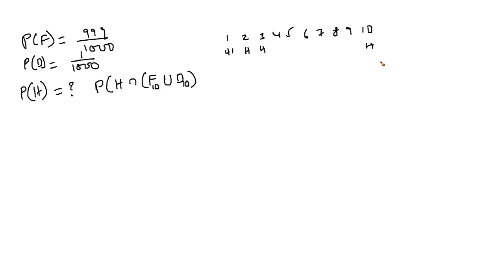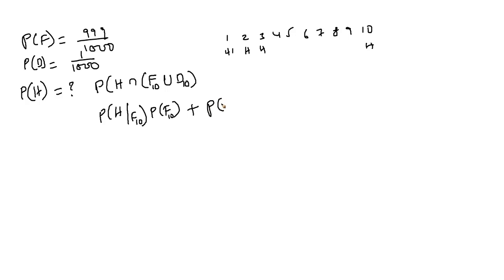So after observing 10 events, if you're asking what is the probability of seeing a double-headed coin, that is what we have here. So this can be said: the probability of head after 10 events is the probability of head given F10, it's a fair coin, right?